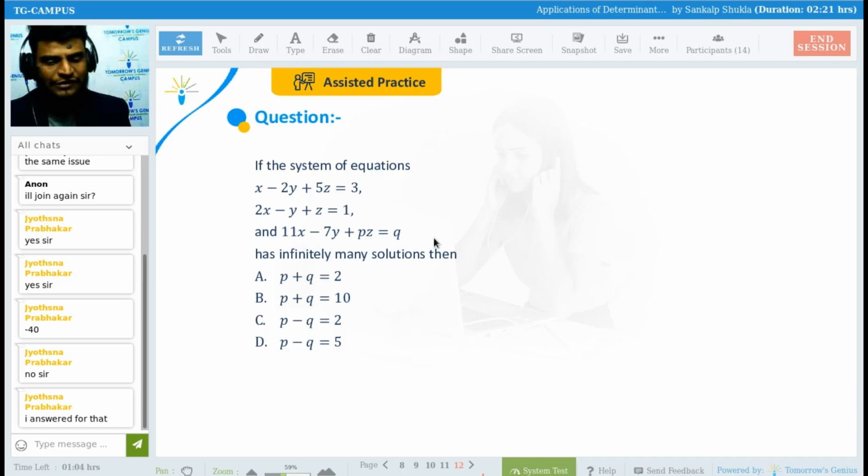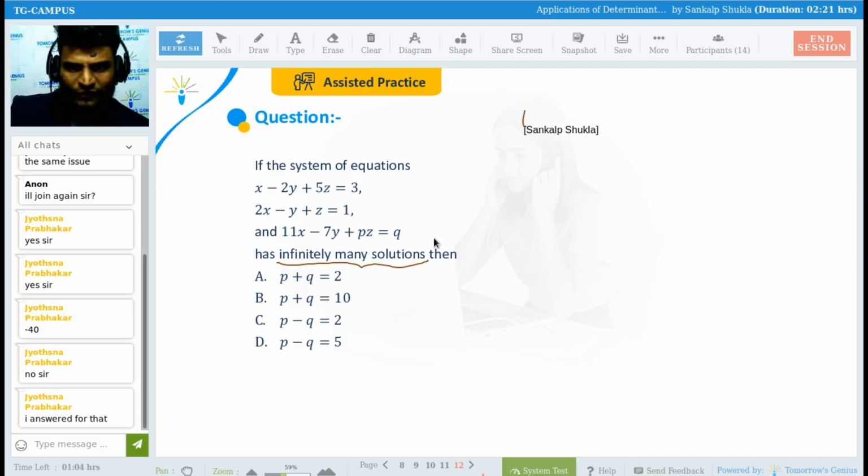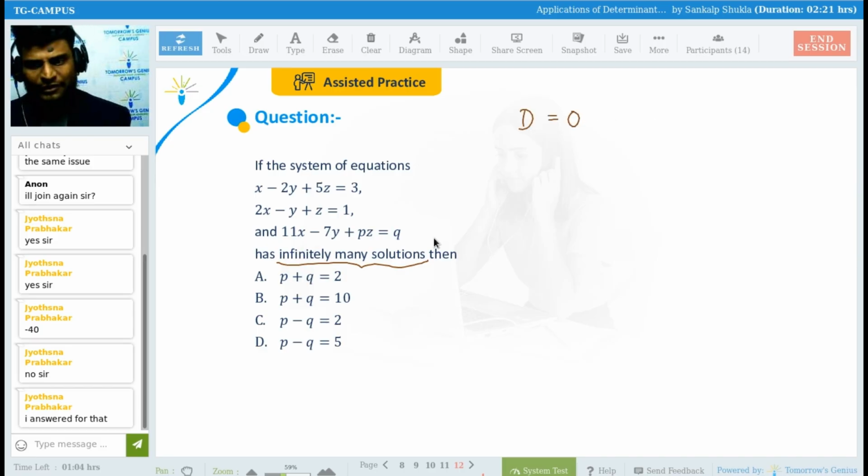If the system of equations has infinitely many solutions, then which option is correct? You have to let me know. It's a very easy question. Has infinite what? That means you have to put D is equal to 0. Try this and let me know the answer.